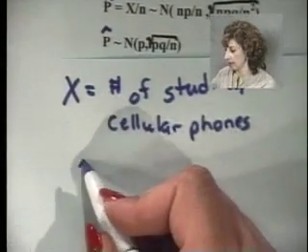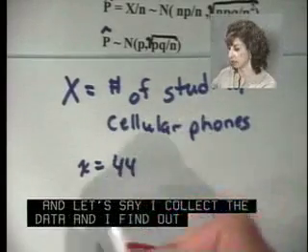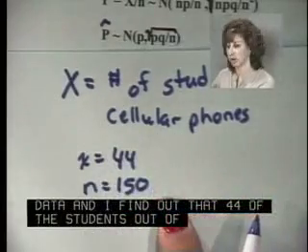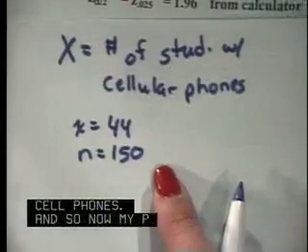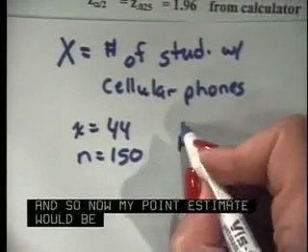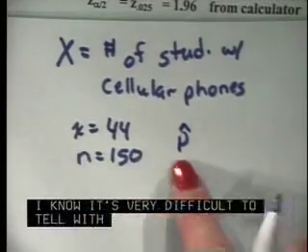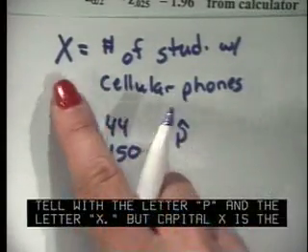And let's say I collect the data, and I find out that 44 of the students out of 150 have cell phones. So now my point estimate would be p hat. This is a lowercase p. I know it's very difficult to tell with the letter p and the letter x, but capital X is the random variable, uppercase.